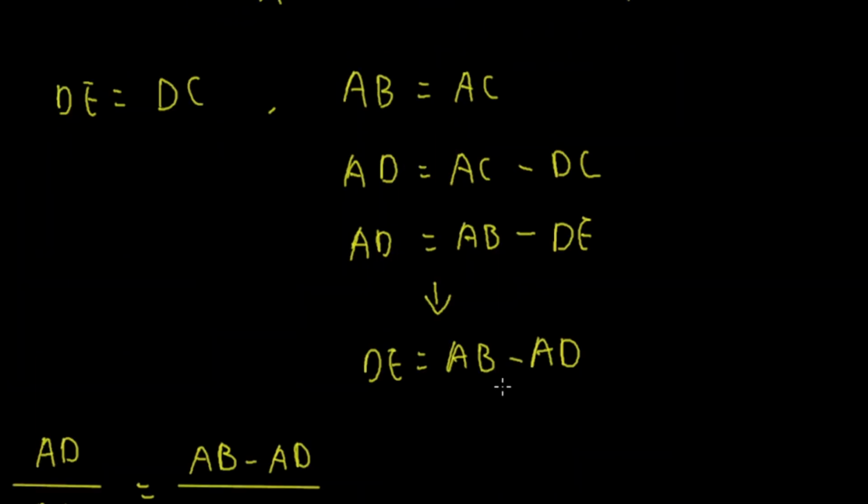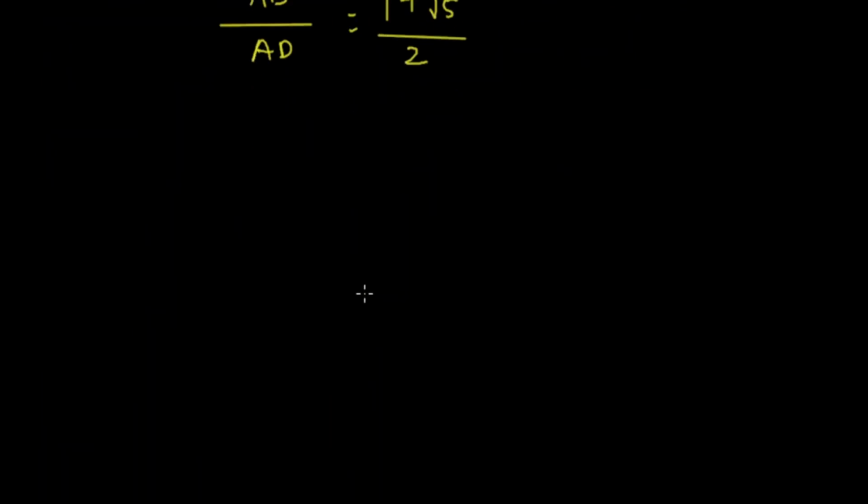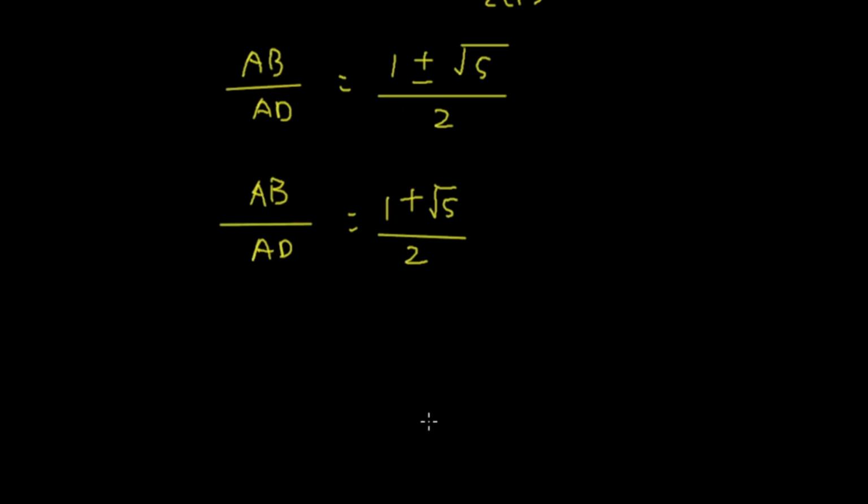But tan alpha is AD over AB. So that means I have to inverse this. So AD over AB is equal to 1 over this value, 1 plus square root of 5 over 2.